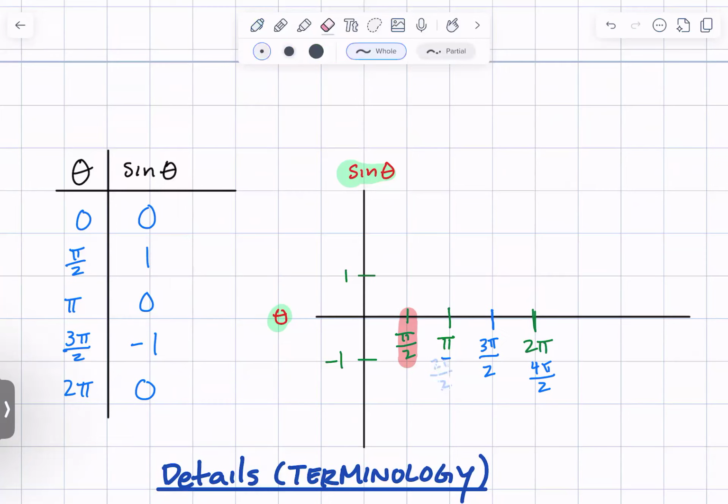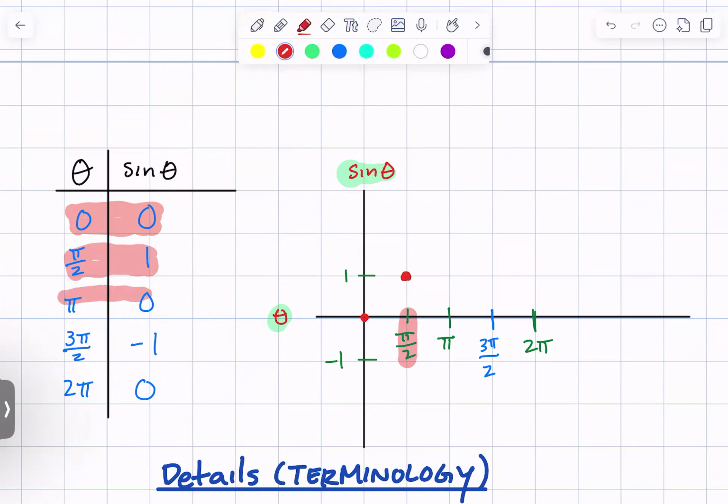So I want to erase this and then we erase this. At 0, looking at this first point here, it's 0 comma 0. So here is my graph at 0 comma 0. At pi over 2, comma 1. That point is pi over 2, 1.